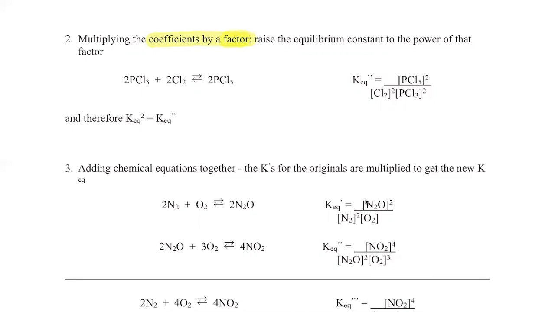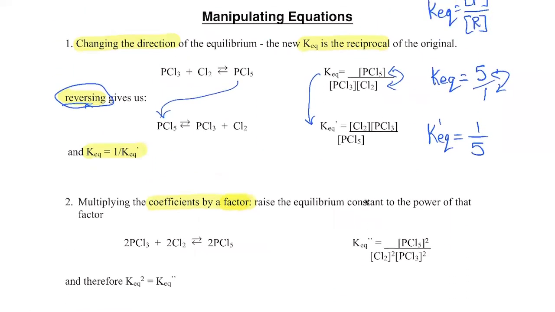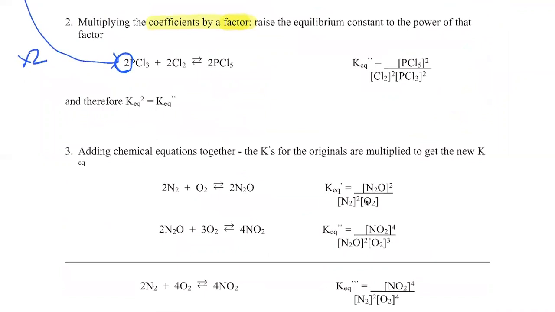So again, let's look at the same reaction. This is our original reaction here, and we're going to change that reaction to get to here. We're multiplying it by 2. See how we're going from a 1 coefficient to a 2 here, 1 and 2, and then 1 and 2. So if we multiply our original reaction by 2, we now get this new reaction.